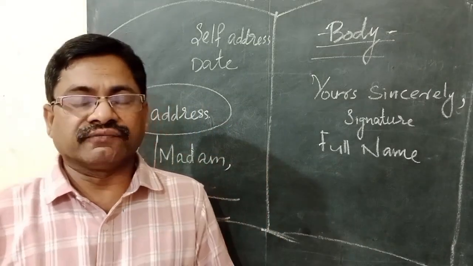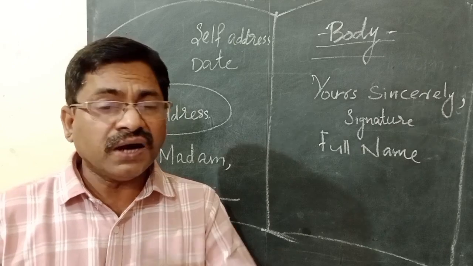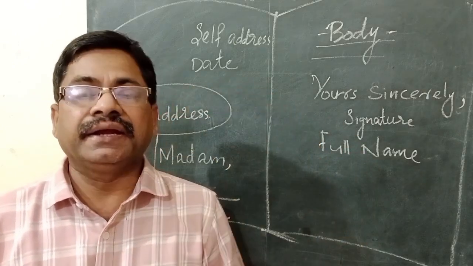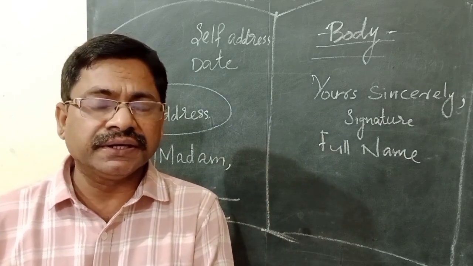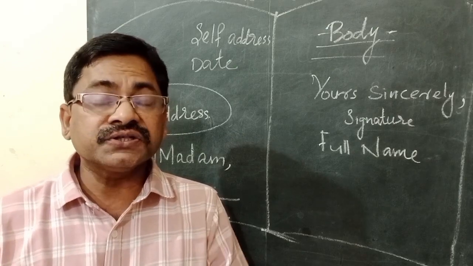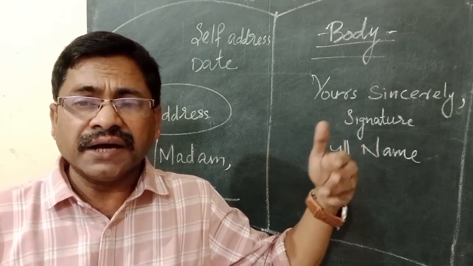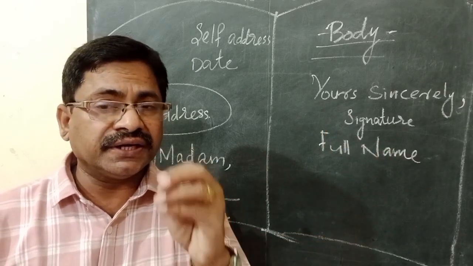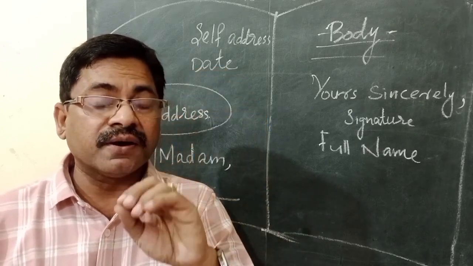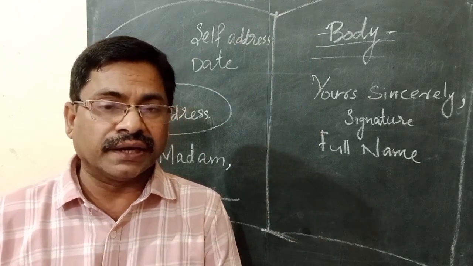Now the second paragraph. That is the purpose. What complaint we have to make or what we have to convey to the officer, that should be written in detail in the next paragraph. That is the main paragraph. If we take an example, write a letter to the assistant engineer of electricity board complaining about the frequent failure of electricity. Then what you have to write?